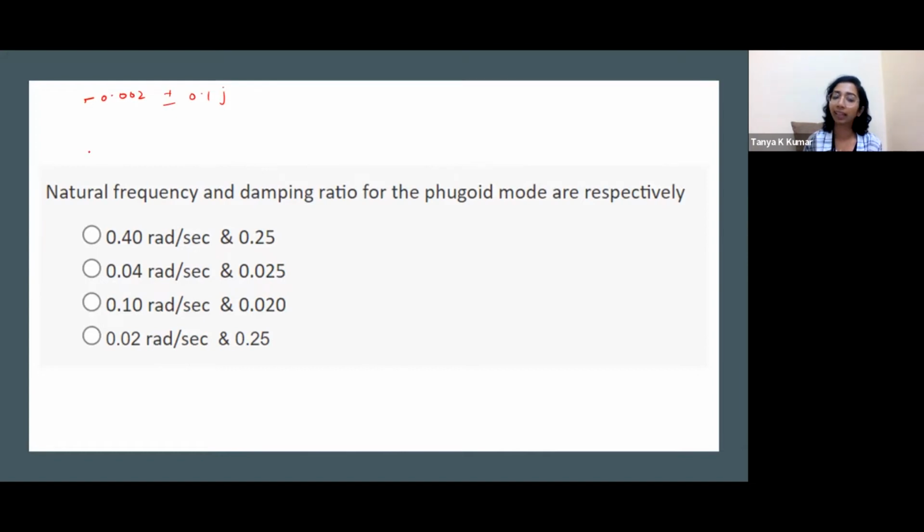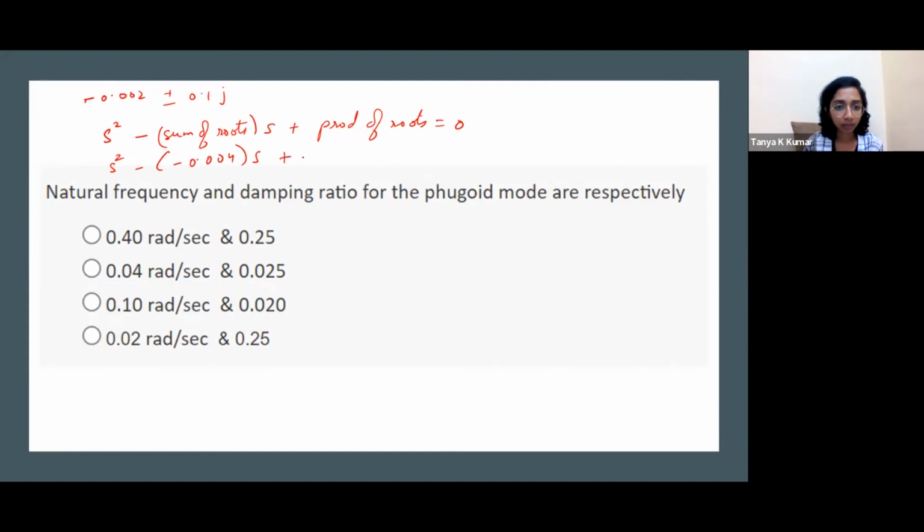Now, how do you find the characteristic equation? It was s squared minus sum of roots s plus product of roots equal to 0. So if you do this, you get s squared minus sum of roots, which is minus 0.004 s, plus product of roots.